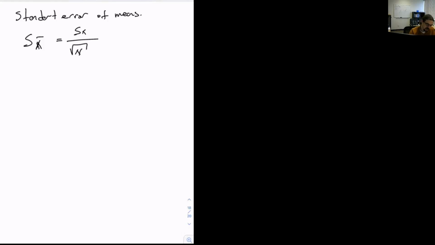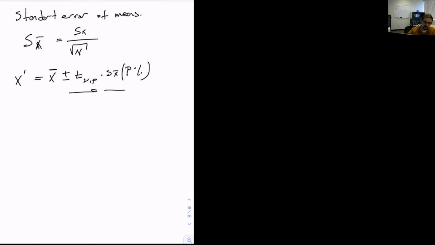Using the standard error of means, we can define a confidence interval, meaning x naught is going to be x bar plus minus a t-value with certain degrees of freedom and confidence level, times Sx bar. Okay, let's do an example.